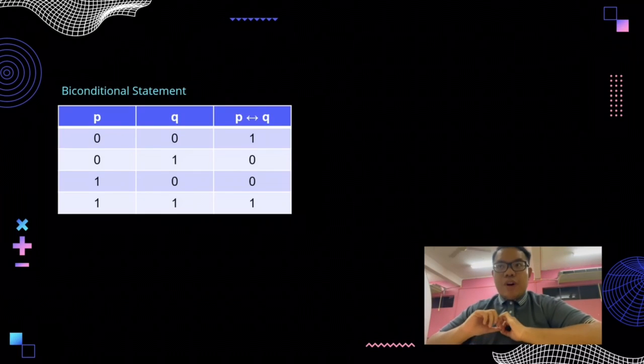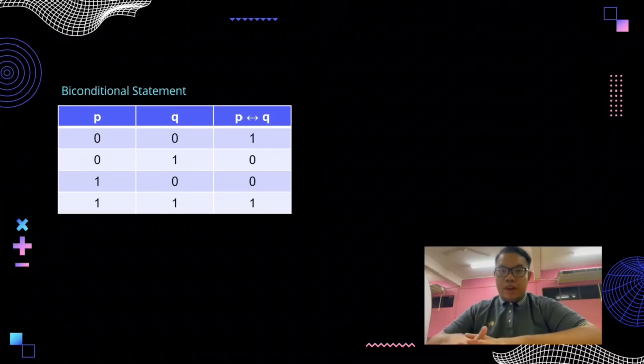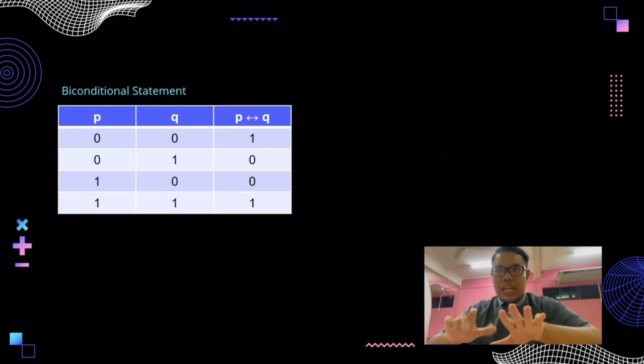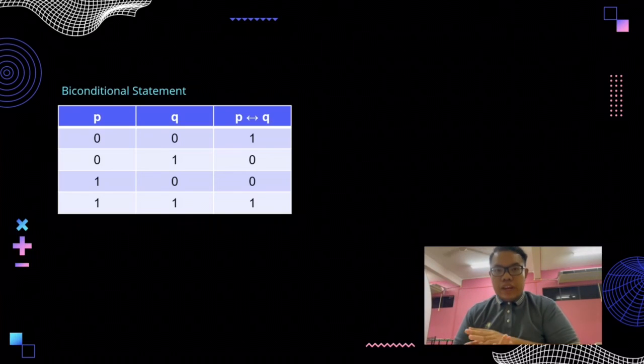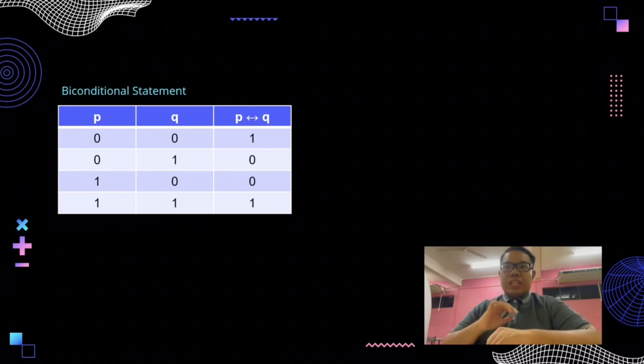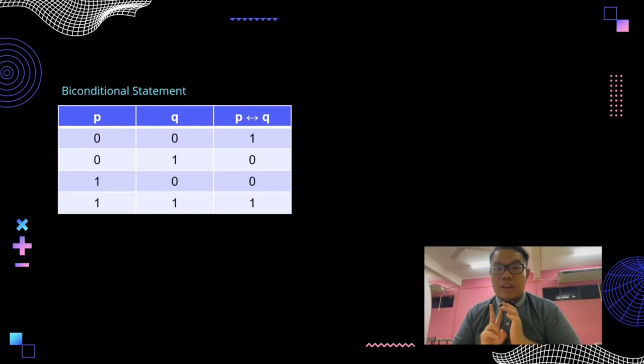Lastly, for biconditional statement, it is just easy. Let us consider, if the two statements have the same true value, then it should be 1.